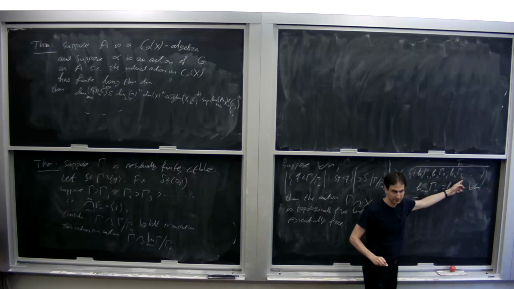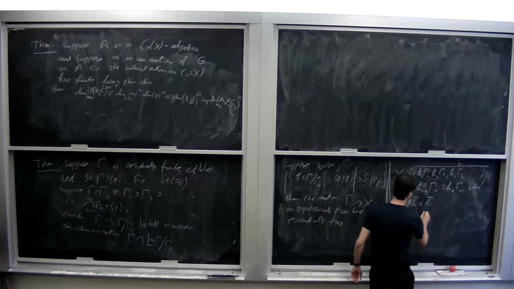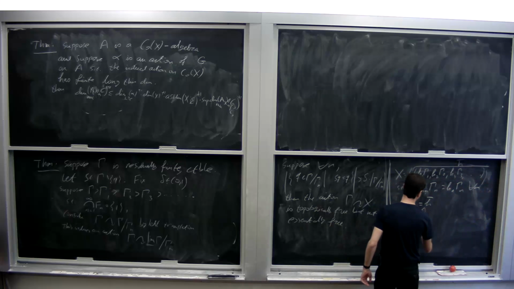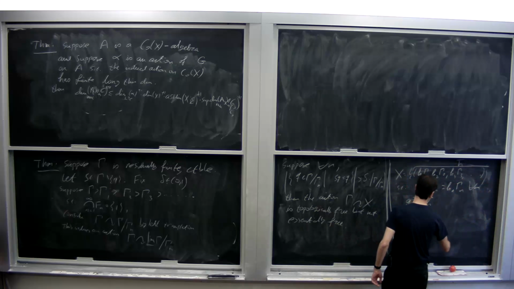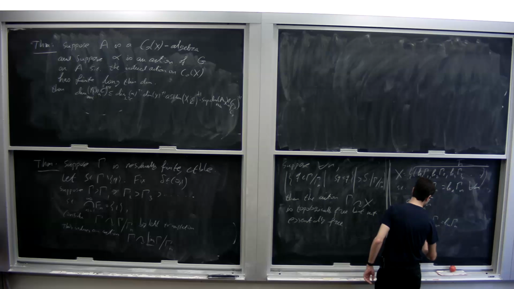That's if and only if for all n, G H_n gamma n is H_n gamma n, which is the same thing as saying that H_n inverse, if we conjugate G by H_n, is in gamma n.